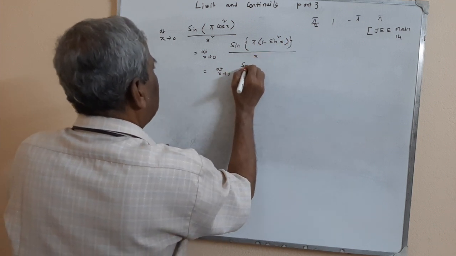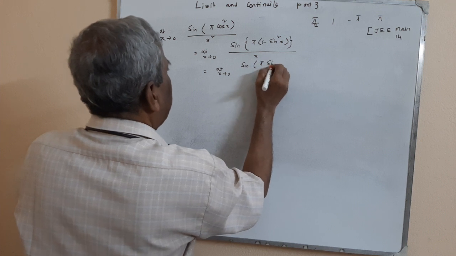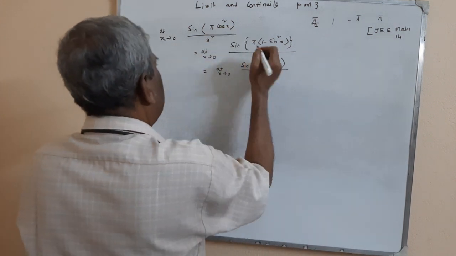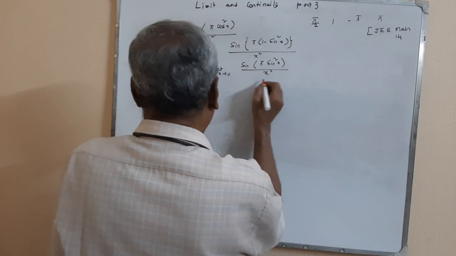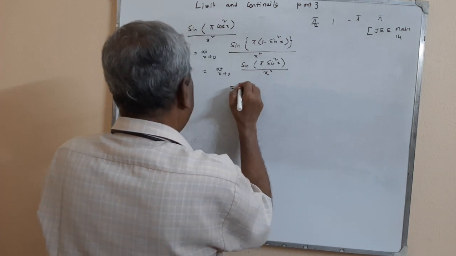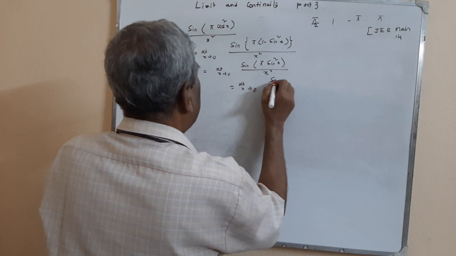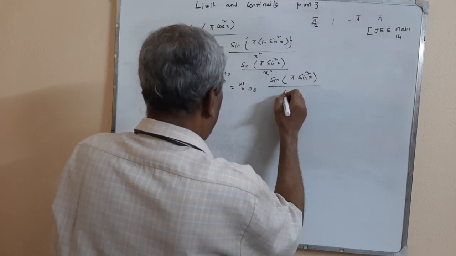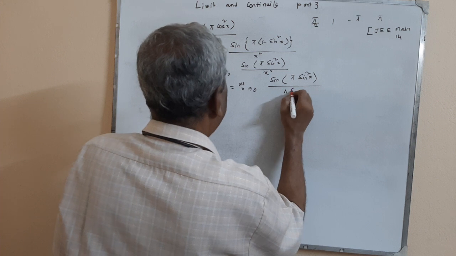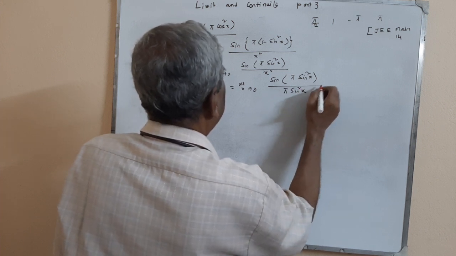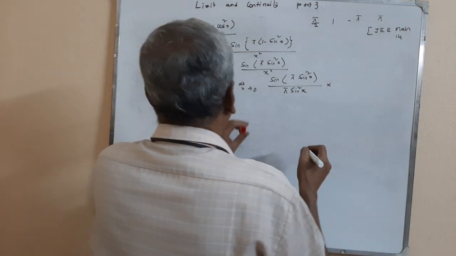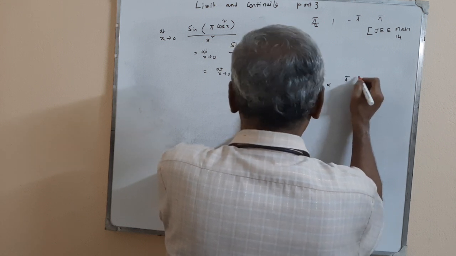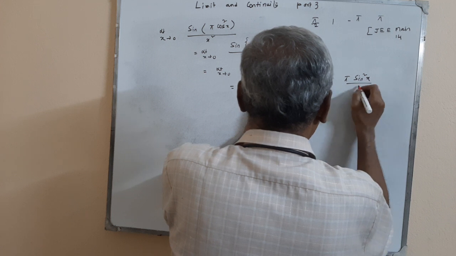So it is equal to sine of (pi sine square x) by x square, so that it is equal to limit x tends to 0 of sine of (pi sine square x) by (pi sine square x) into pi into sine square x by x square.